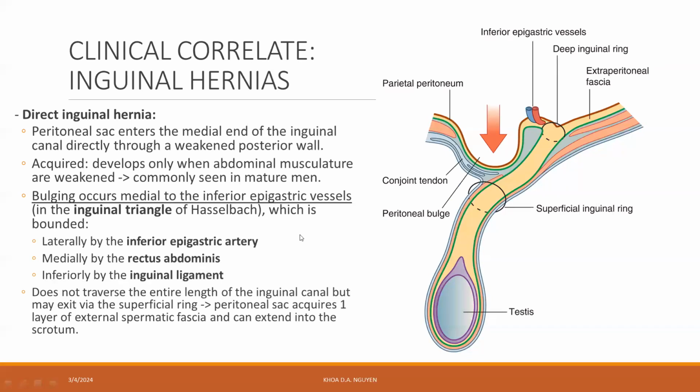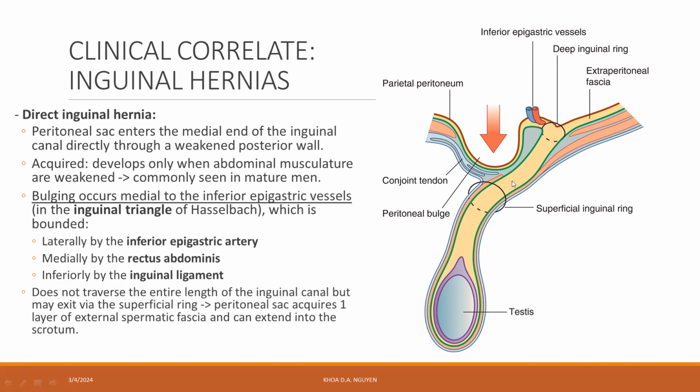And how is the anterior abdominal wall weakened? Usually, if you have an elderly male who hasn't exercised for a while, his anterior abdominal wall is weak, and it is easy for stuff to puncture through this triangle of Hesselbach and into the inguinal canal. All right.